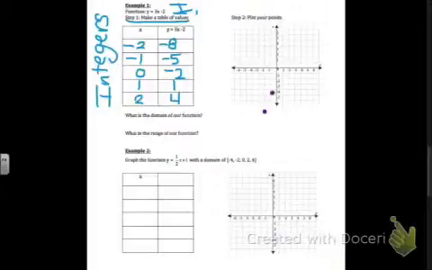So we're going to plot our second point. Be careful when you're plotting your points. And then we've got 0, -2, so 0, and then down 2. And then we've got 1, 1, so over 1 and up 1, and then 2, 4. If you notice, they kind of form a pattern.